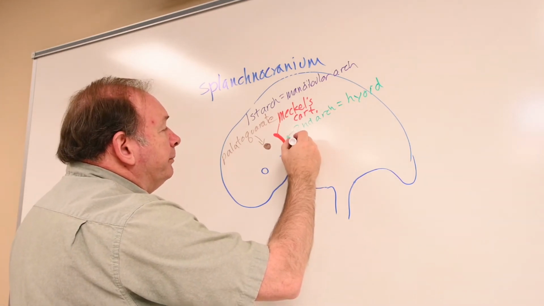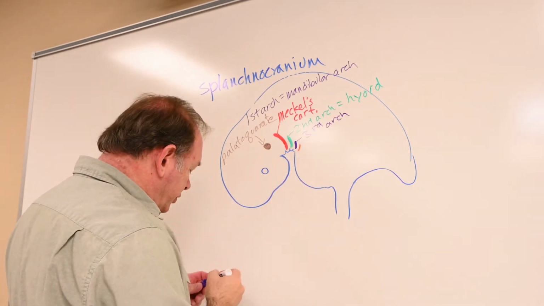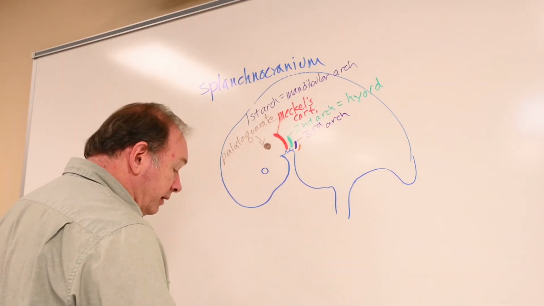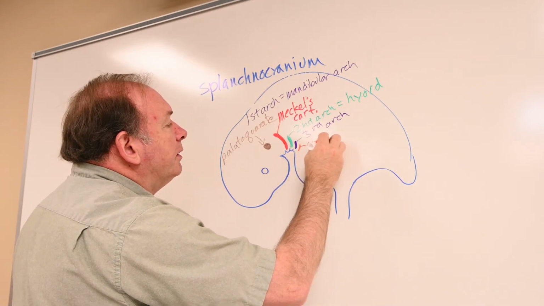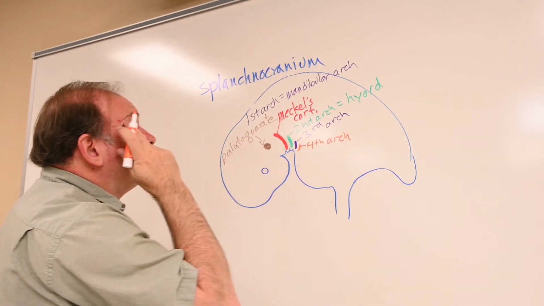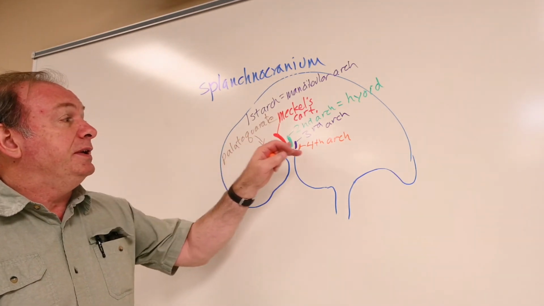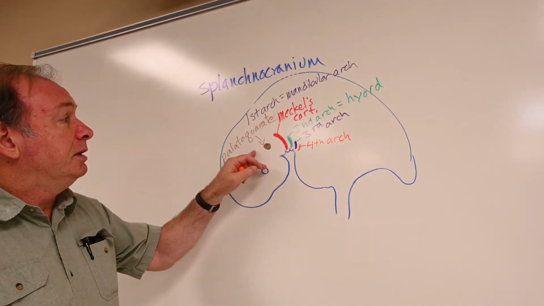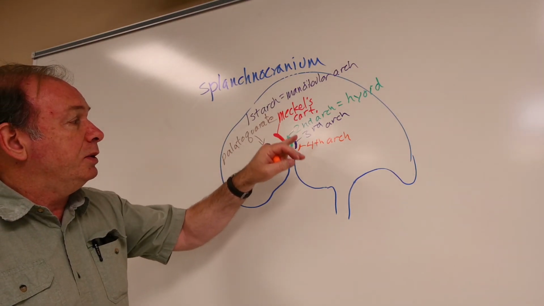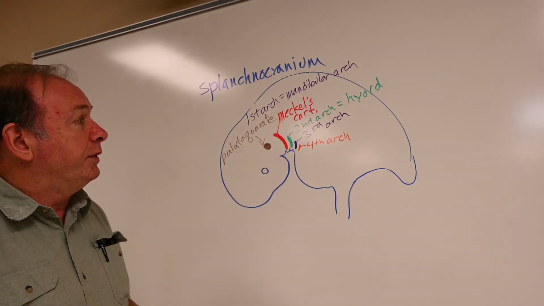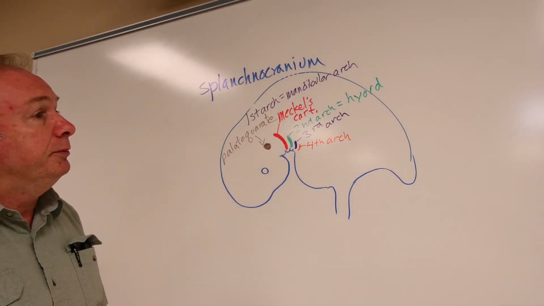Then behind that, third arch, and then finally the fourth arch. So we're going to be concerned with the adult derivatives of these embryonic structures in here. Palatal quadrate component, Meckel's cartilage, second arch or hyoid arch, third arch, and then fourth arch. Elements that contribute to the human structure.